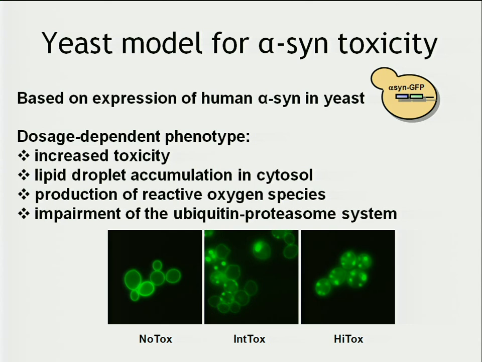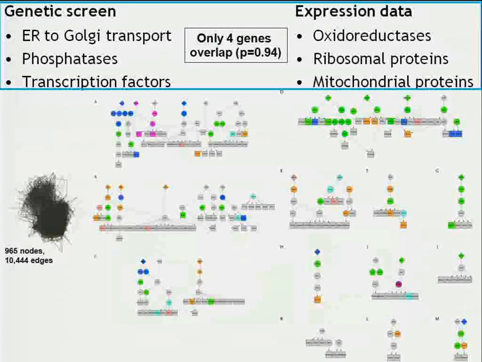There's a dosage-dependent effect and various other reaction issues and so on. So you can apply all the tools which you heard about in the previous talk in a screen, and the screen to find genes that, when overexpressed, affect the toxicity of the protein showed enrichment.